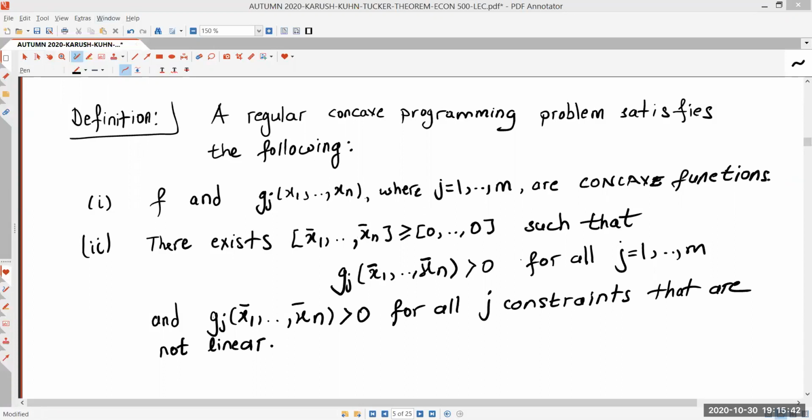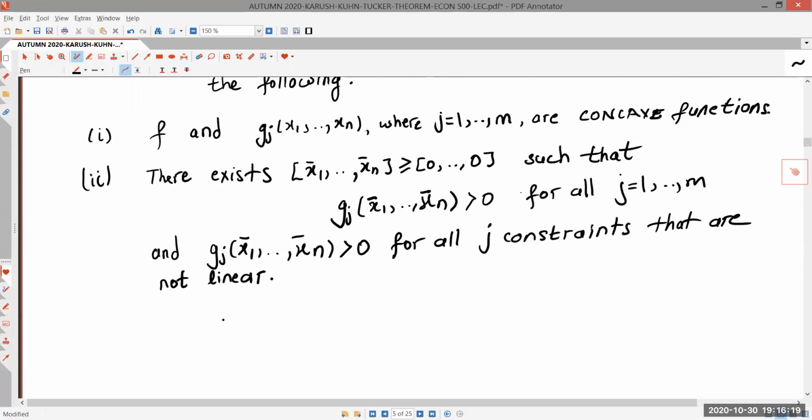And then I also assume that there is always a point x bar, different than 0, such that the value of each constraint function at that point is greater than 0. This inequality holds especially for functions which are not linear, which are concave.